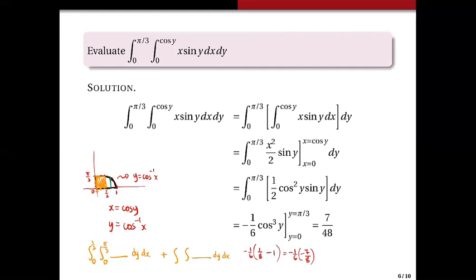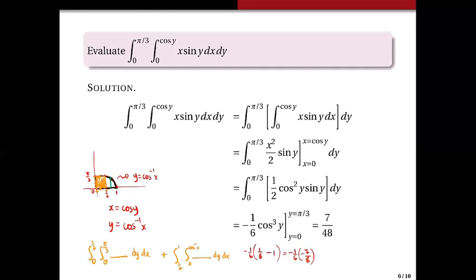Correct? So in here, it will be from 0 to cosine inverse of x, and then your x will run from 1/2 up to 1. So this is 1/2 up to 1.